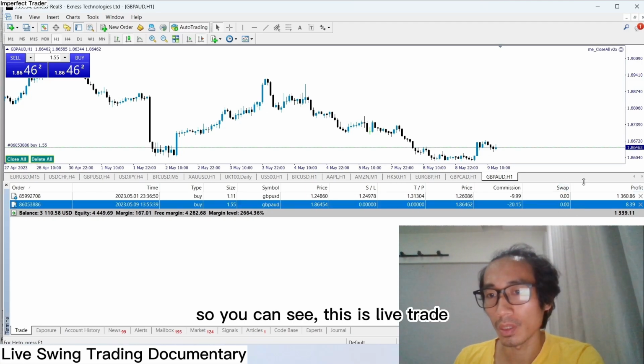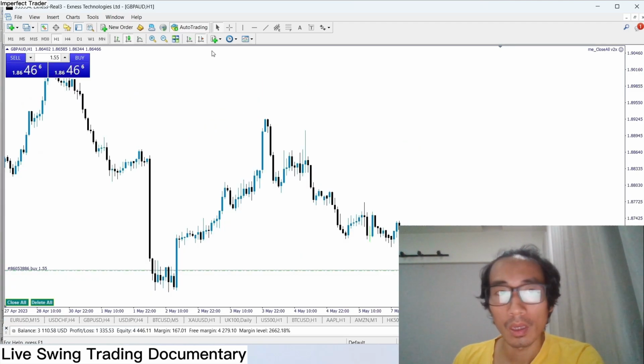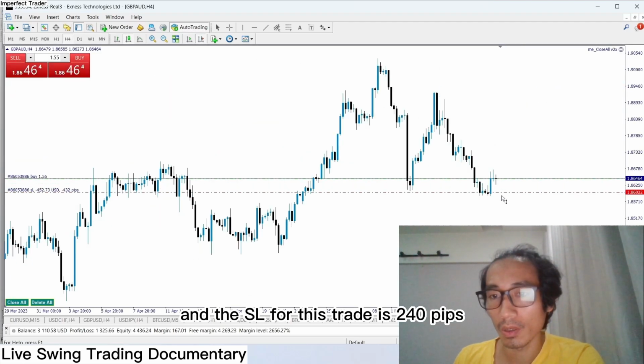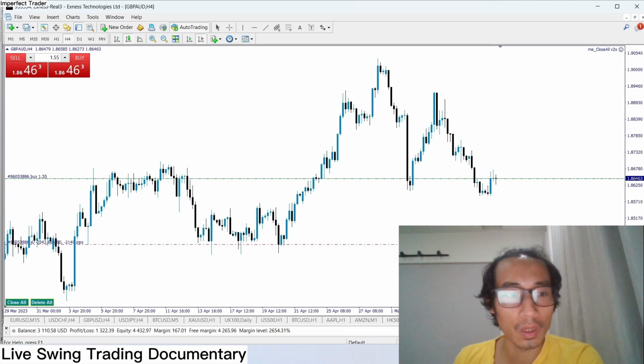So you can see this is the trade, and the stop loss for this trade is 240 pips. You heard it right, 240 pips right here.